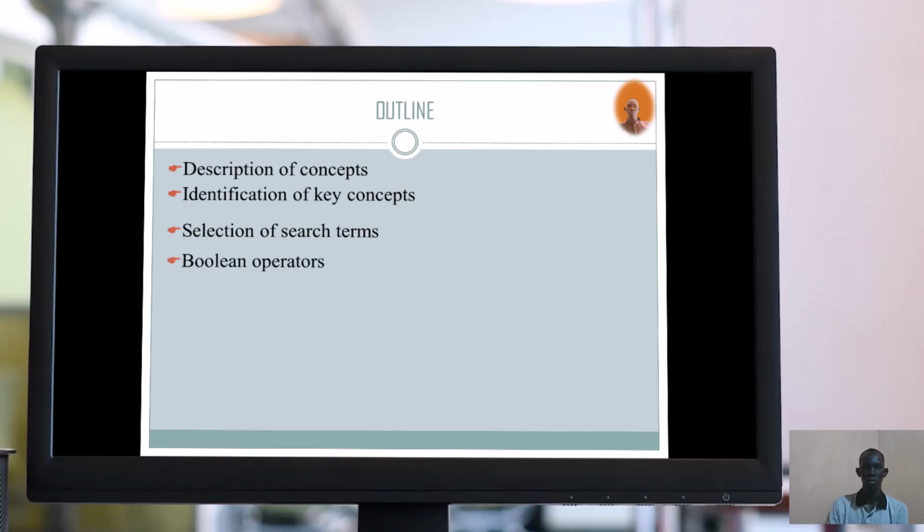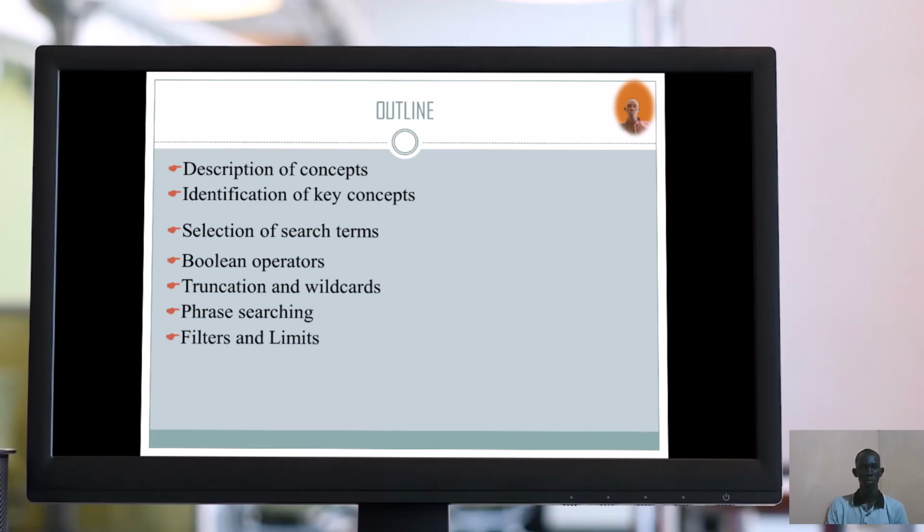We go to Boolean operators, truncation and wildcards, and then we have phrase search, filters and limits, database selection, and the iterative process. Those are the basic things we are going to be looking at in search strategy.